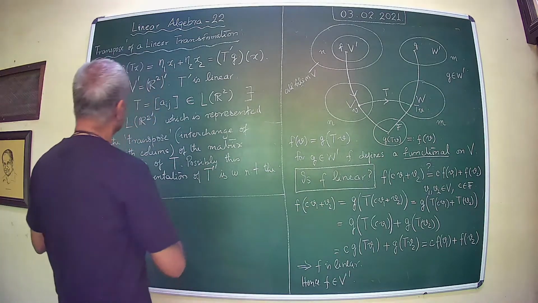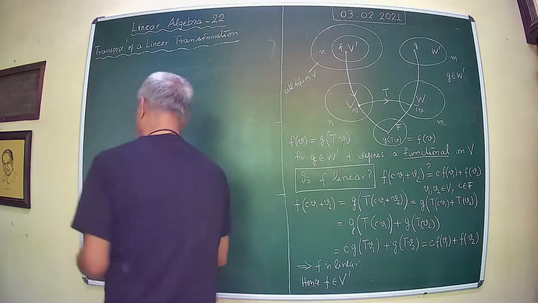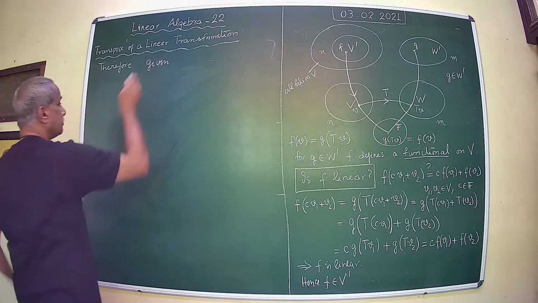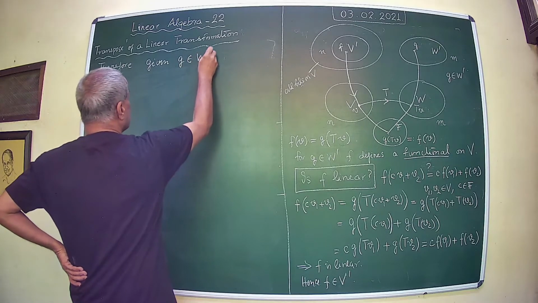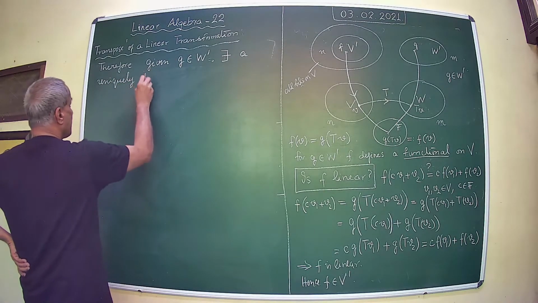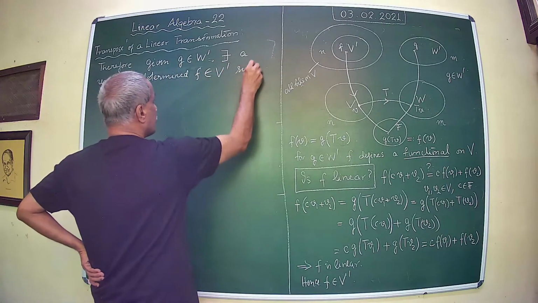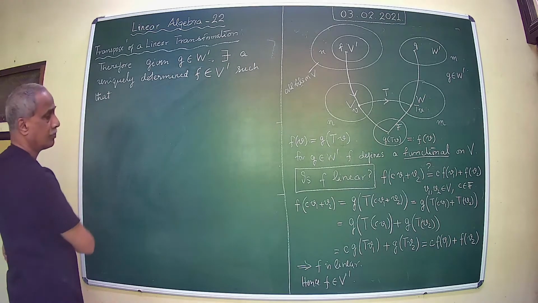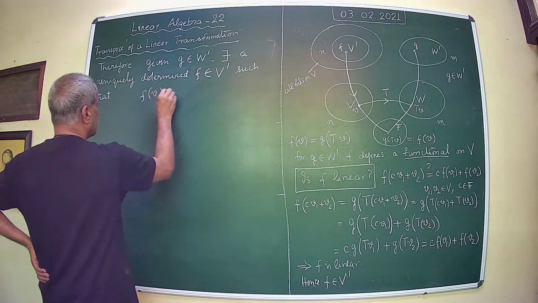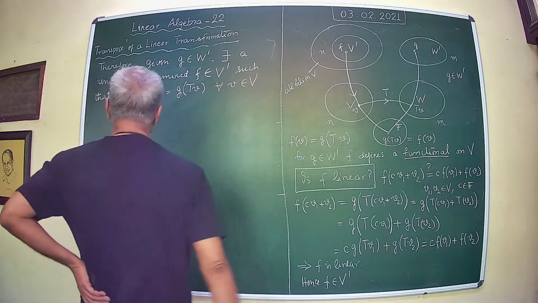Okay, let me just take out this. I don't need this anymore. Therefore, so V is a linear function.